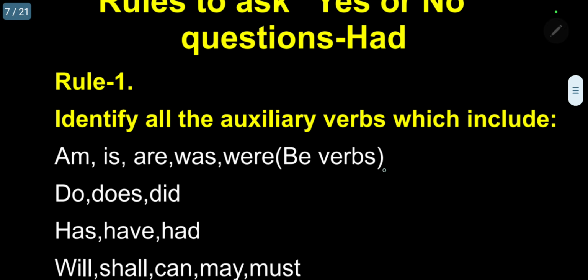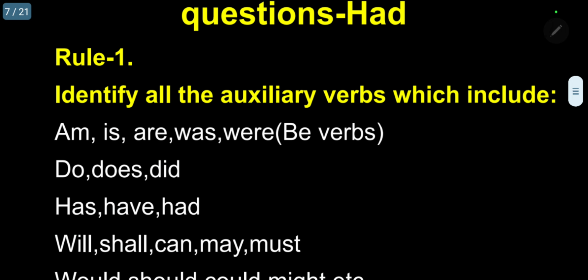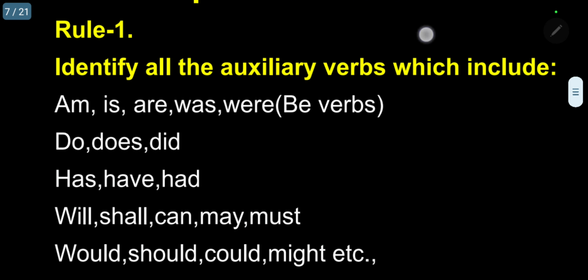Now, under this, I am going to discuss a few rules you have to follow whenever you raise yes or no questions using auxiliary verbs. Rule number 1, identify all the auxiliary verbs, which include the following types.